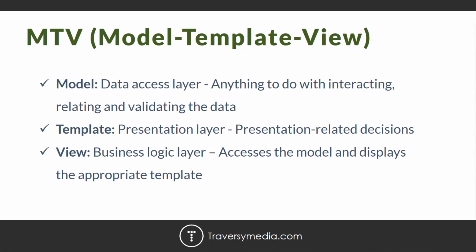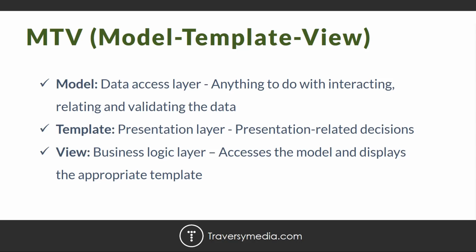Basically, just like MVC, it has a data access layer in the model. Anything to do with interacting, relating data, validating data, that's all going to go into the model. The template is the presentation layer, so all presentation related decisions go here. How things should be displayed on the web page, or whatever type of document. And then the view is basically the basic logic layer.